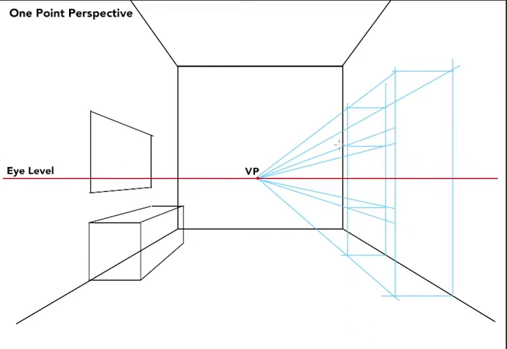This shape represents the top shelf, but you can see the bottom of the shelf instead. Now from here we can go ahead and darken the lines with a darker pressure on the pencil. So I'll go ahead and darken it.